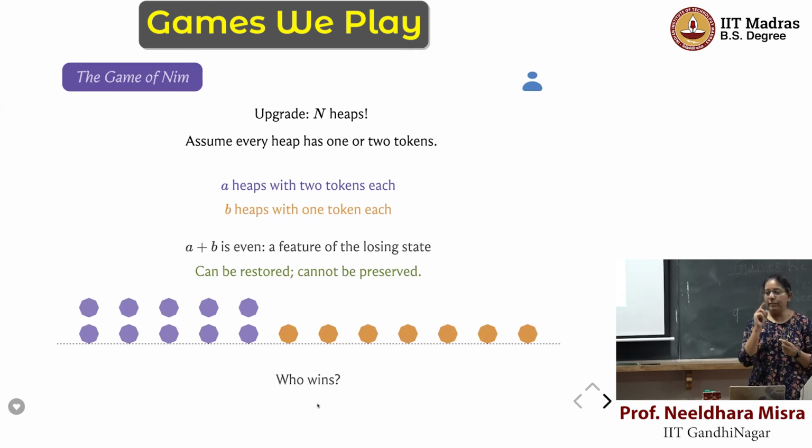But if A plus B is even is not true, then you can always make A plus B even by the 3 cases that we saw. So if A plus B is even to begin with, then the second player wins. Otherwise, the first player wins. That makes sense? Okay.